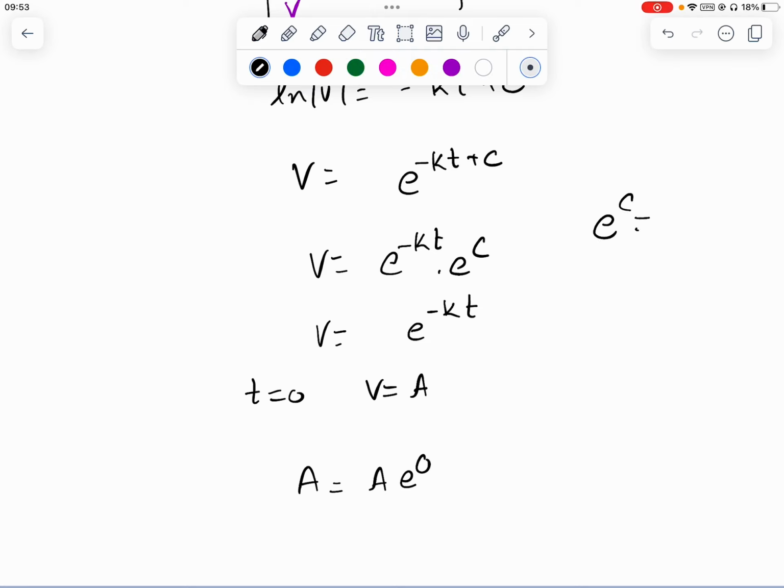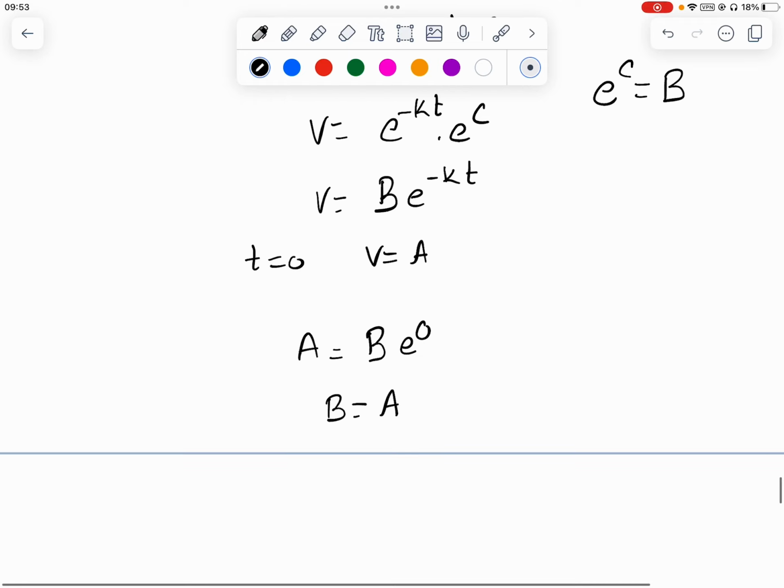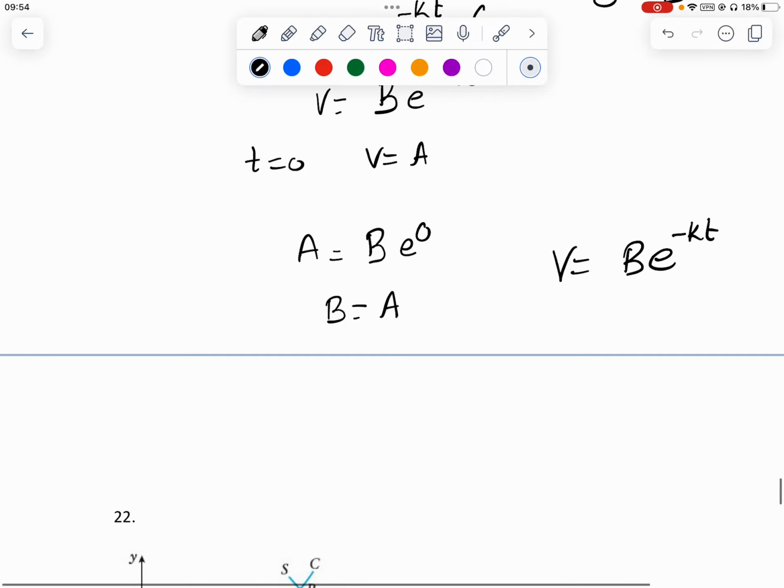We can take e power c equal to some other constant, maybe as b. Because he has already taken a, we can't take it as a. So b equals to a. So my equation will become V equals to b e power minus kt. So e power c is taken as some other constant b, so that way we do not get in contradiction with the given constant.